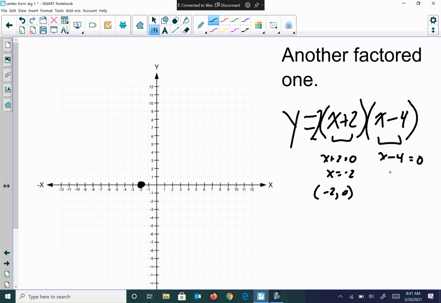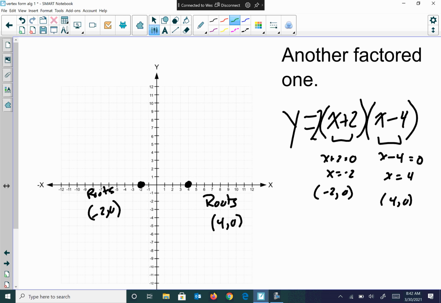I think it was an afterthought when I was making the notes, so I apologize. So I get 4 comma 0. What are these two values called? Roots. So I get 4 comma 0 and a root at negative 2 comma 0. Agree? Not too hard.